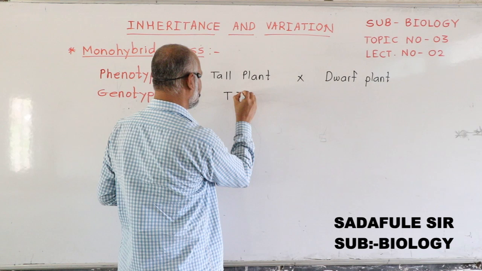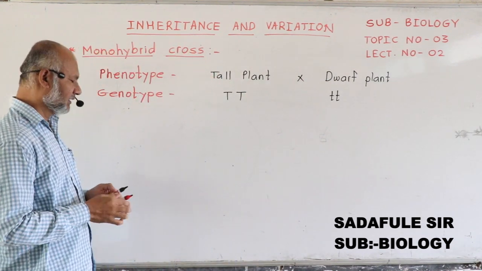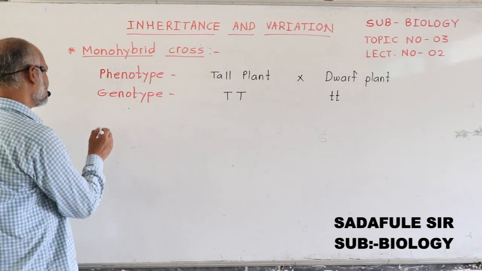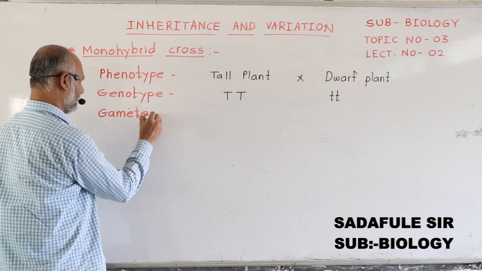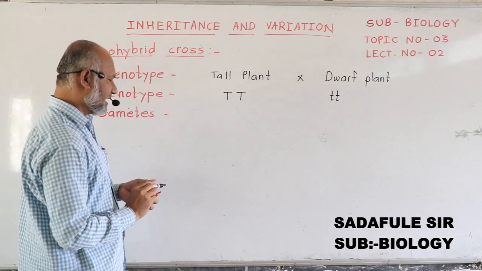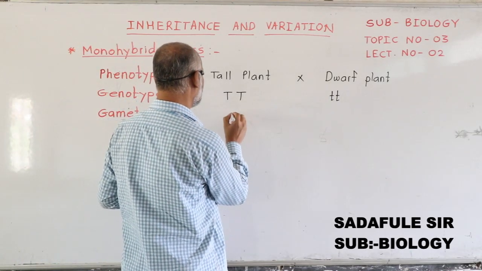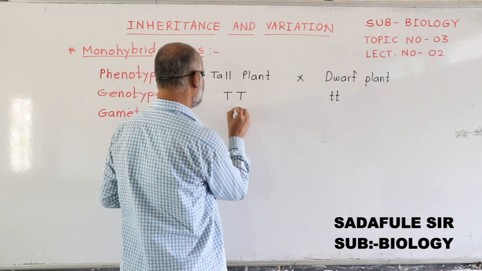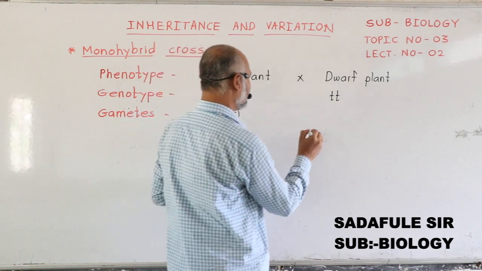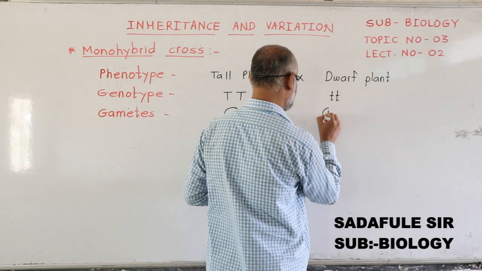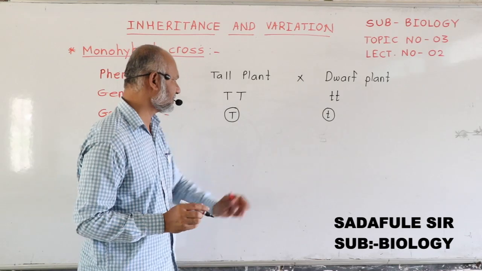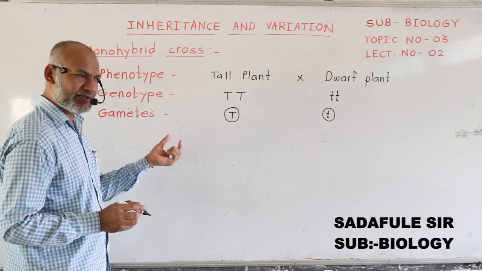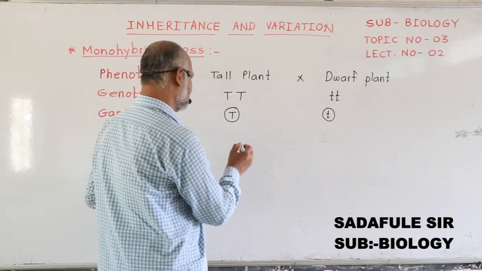These gametes are haploid, and each gamete receives a single allele for a particular character. Genotype can be represented as capital T here and small t here. Now when there is crossing between these two plants, there is formation of the F1 generation, or first filial generation.